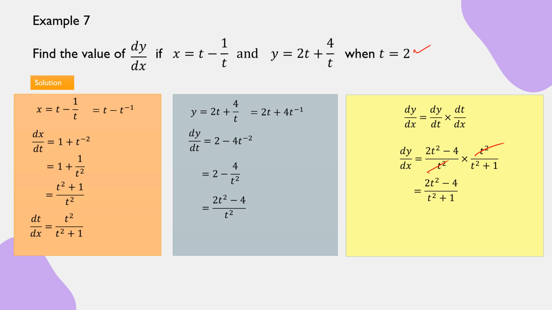So we get the answer (t squared minus 4) over (t squared plus 1). The question is, what is the value of dy/dx when t equals the given value? So when t equals that value, dy/dx equals 4 over 5. You just substitute t into dy/dx.